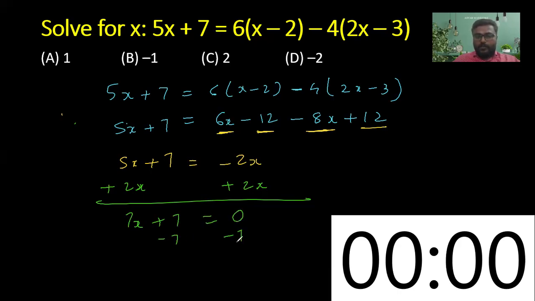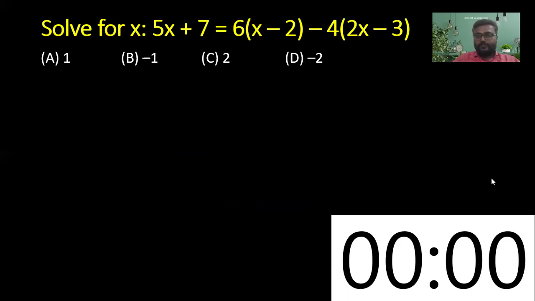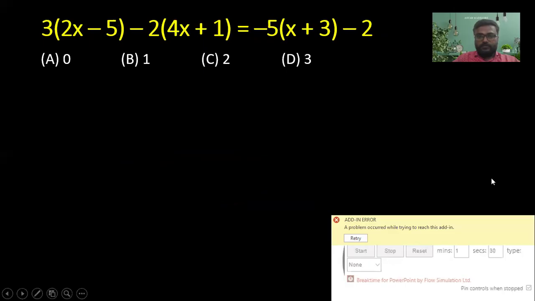Subtract 7 from both the sides. What do we have? 7x equals negative 7. Divide both the sides by 7. X will be equal to negative 1. So option B is correct. Let's move on to the next question. Here, guys, solve this question.